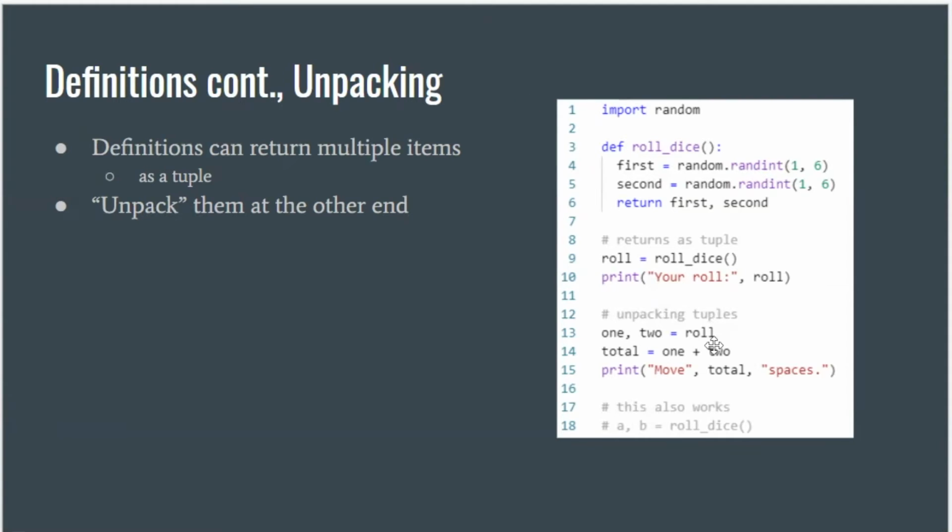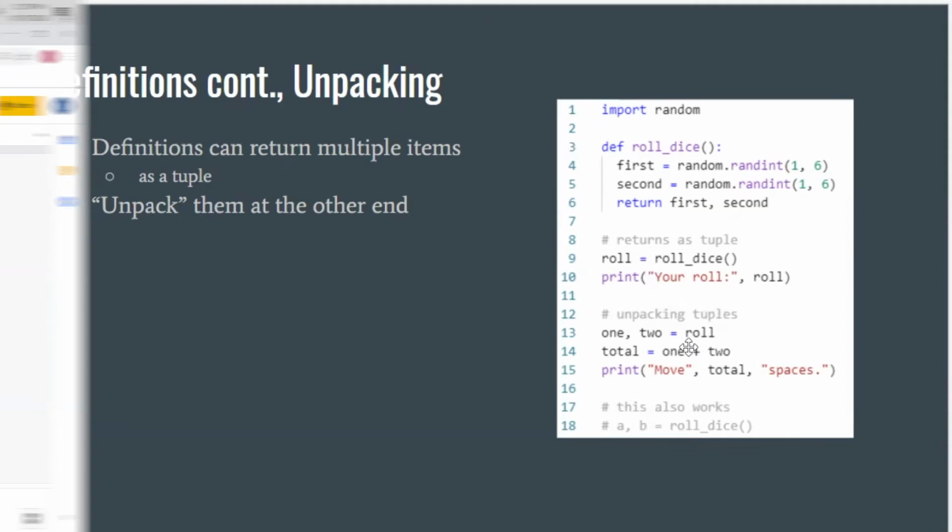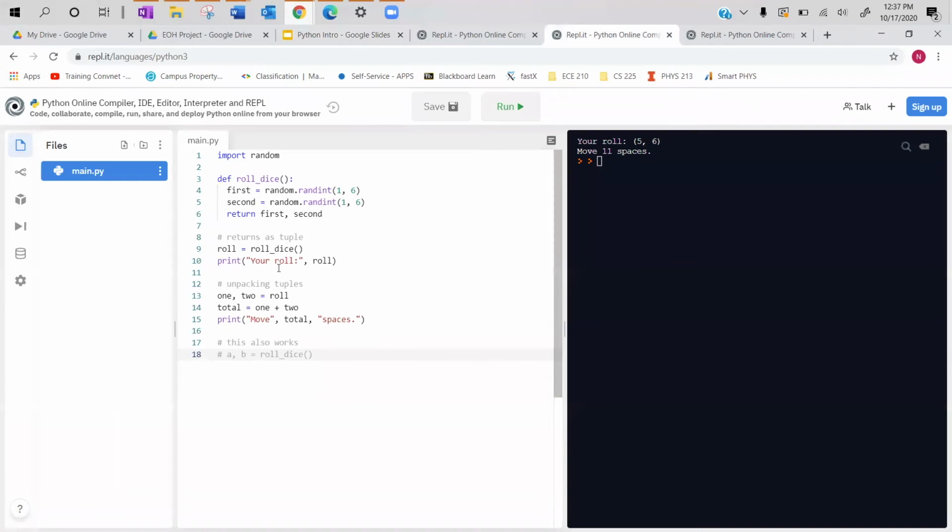And then you have the power to unpack them at the other end, which I'll show you here. I'm using the random module here, just to show you how we do import statements: just import whatever you want to import. I've made a definition roll dice, and we're picking a random integer from 1 to 6, 2 of them, and then we're going to return both of those.